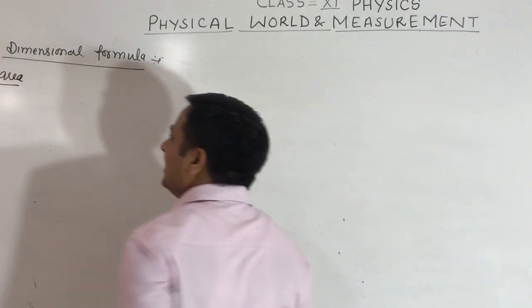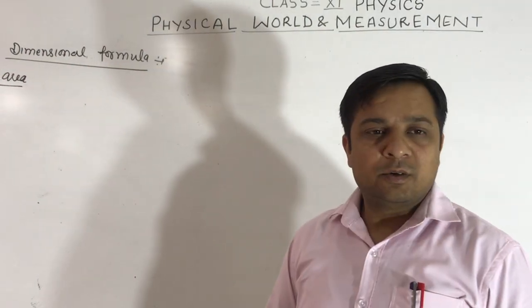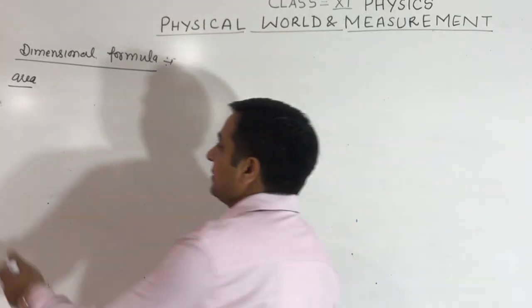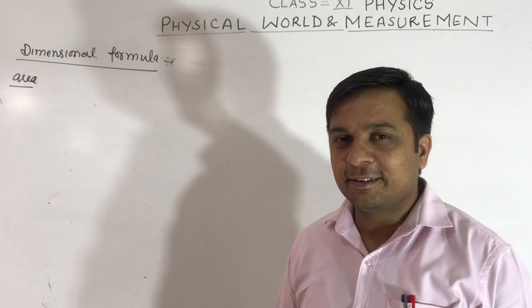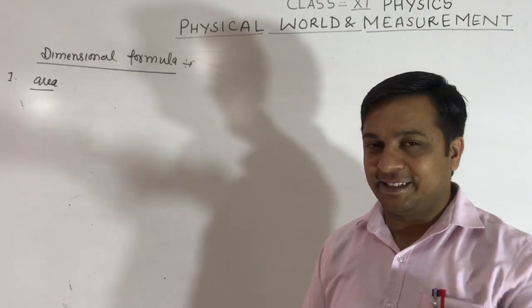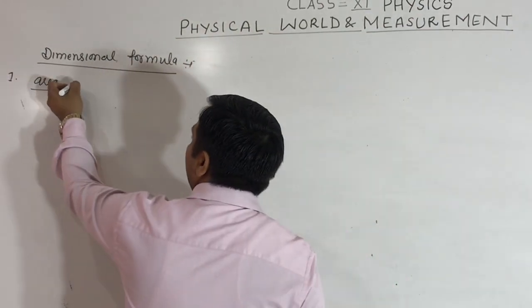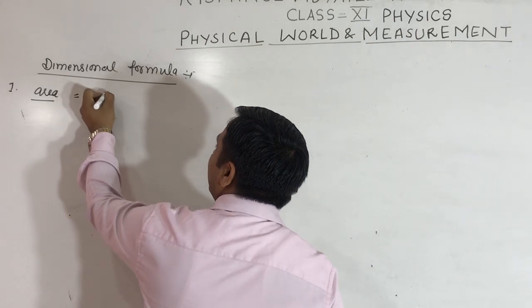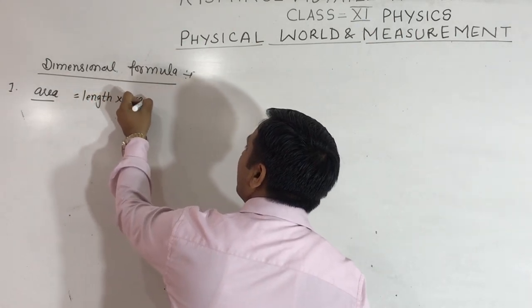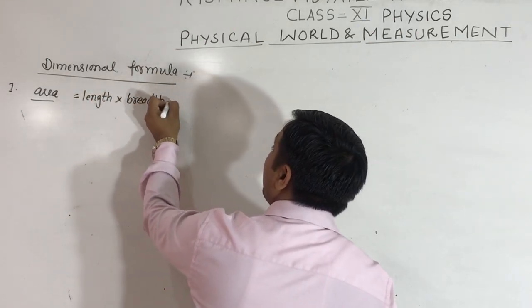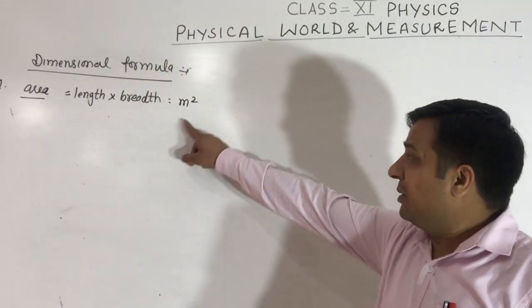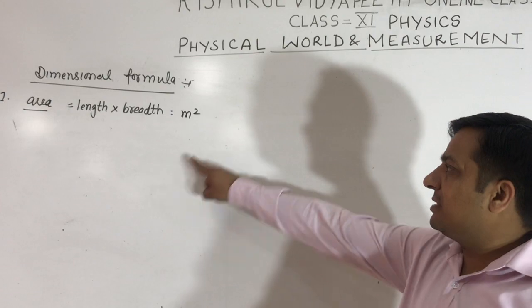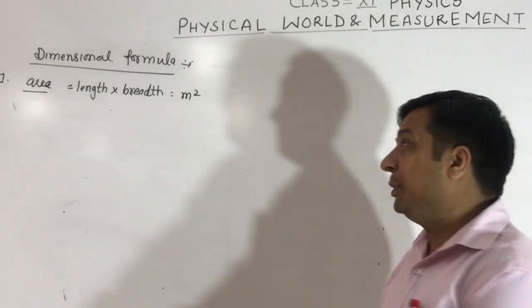You know about area. What is the formula of area? Length into breadth. Length into breadth means meter square. And you know what meter is? The SI unit of length.